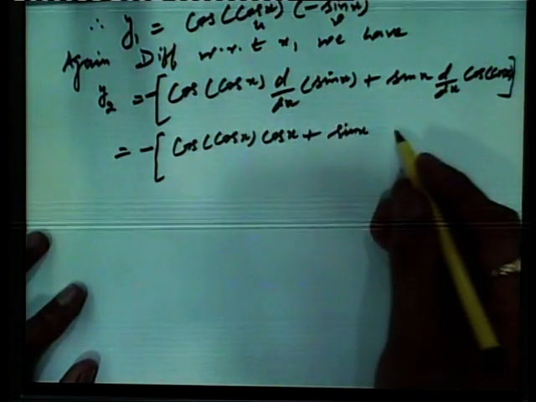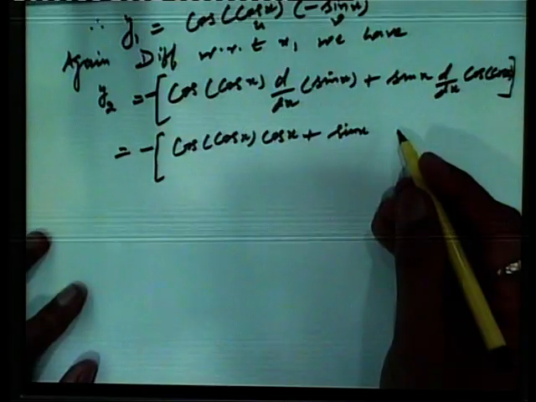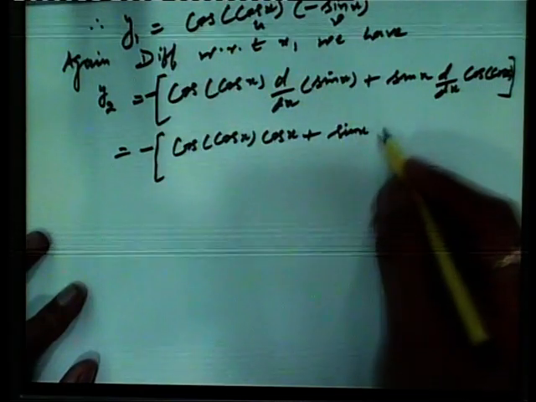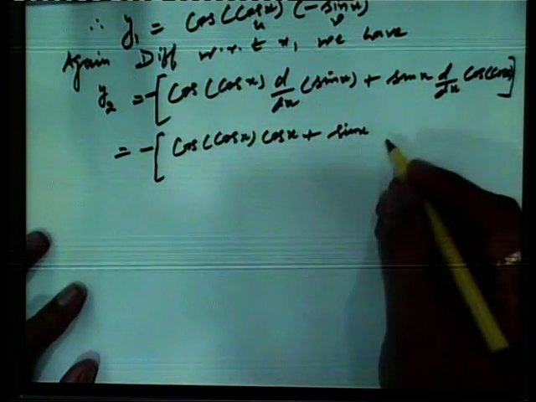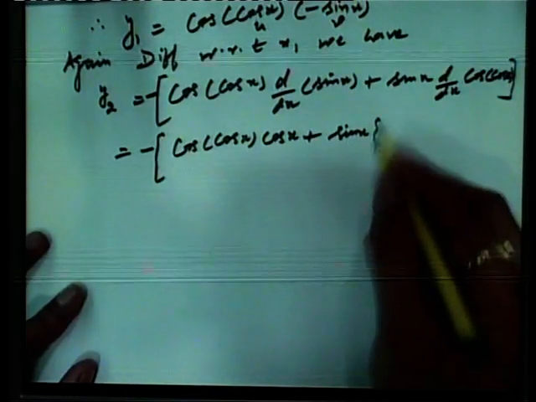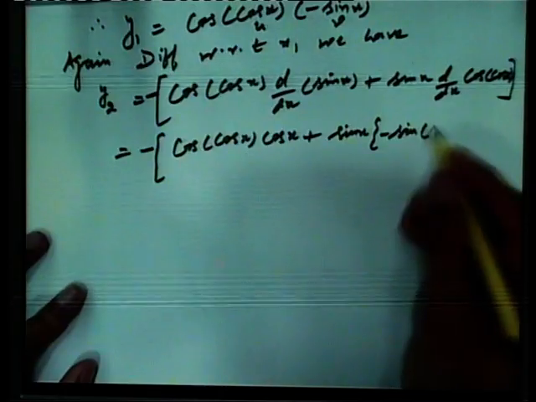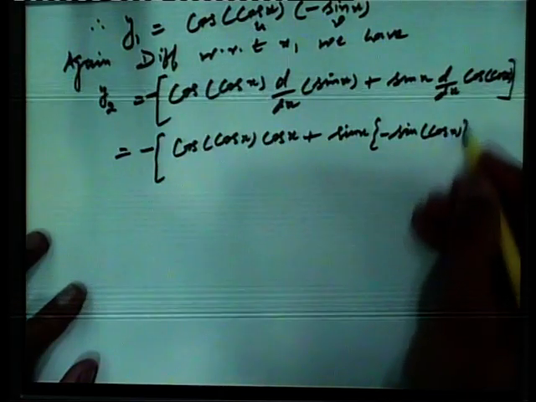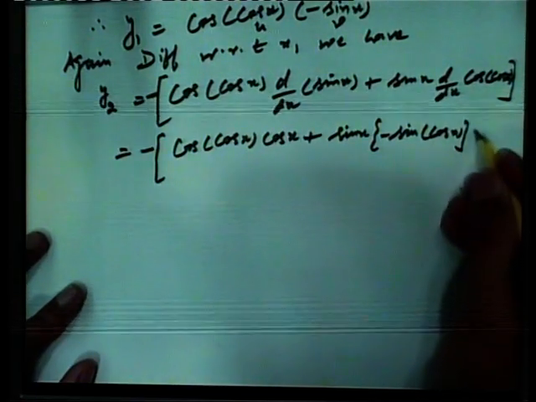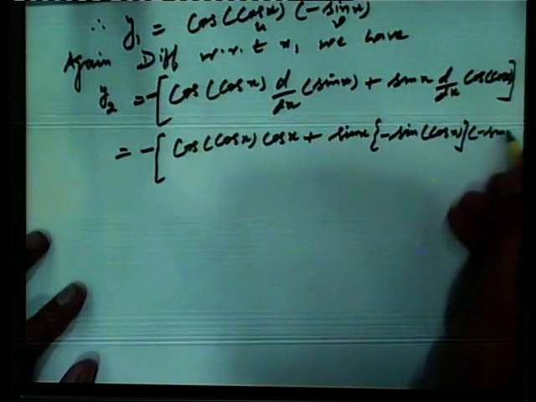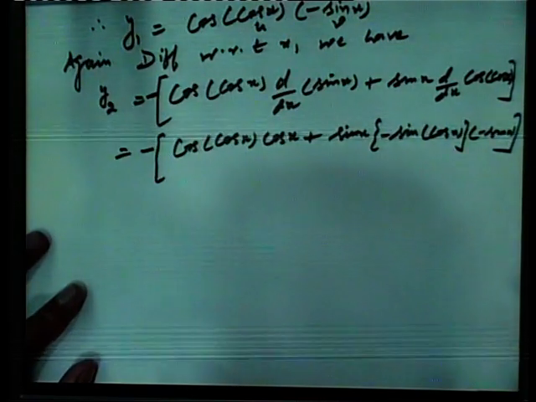Now, d dx of cos of cos x is equal to minus sin of cos x into d dx of angle cos x, that is again minus sin x, bracket close.